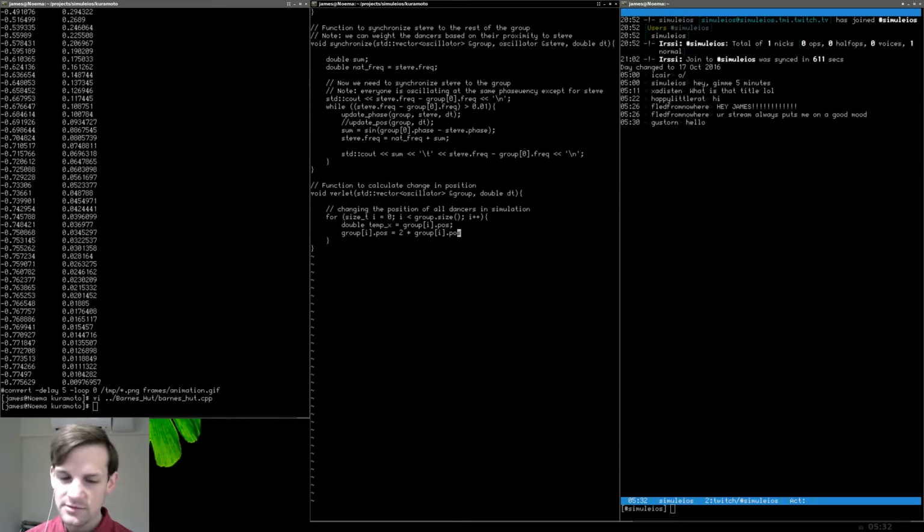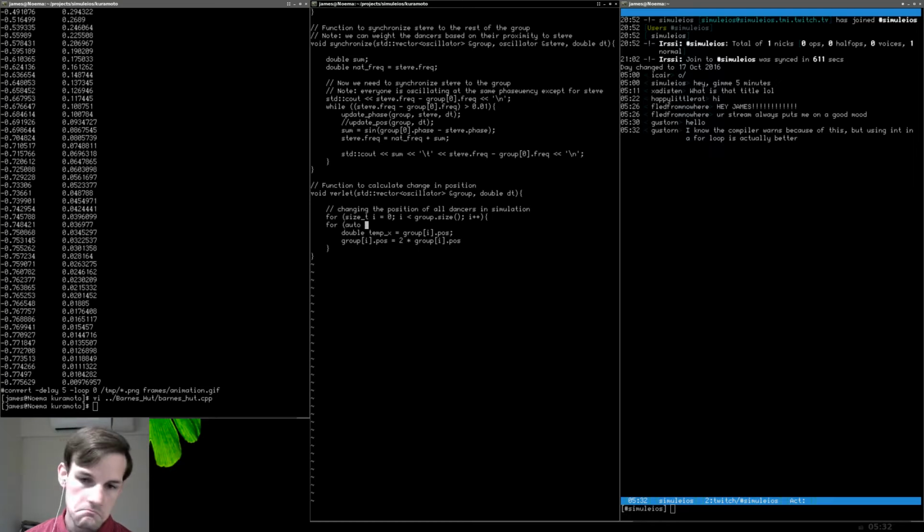And actually, guys, just because we are going to probably run out of room with this particular line, let me go ahead and change this loop up. So we're going to say for auto, I guess we're going to say group member. But using int in a for loop is actually better. Oh, really? Interesting. Well, anyway, I'm changing the loop up anyway. So we're going to say group member.